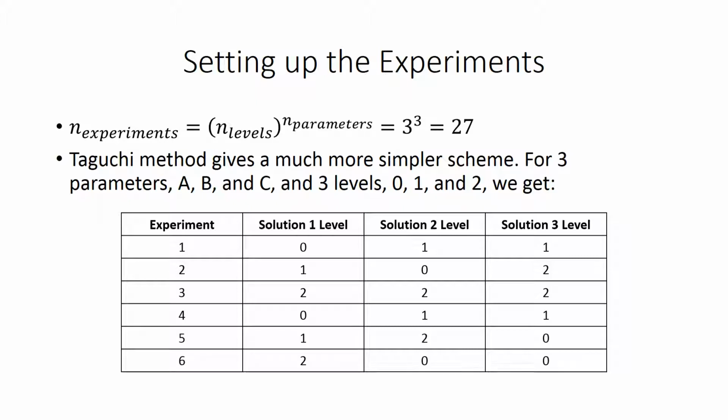And the Taguchi method gives us how much of each of the 3 solutions we should be using to conduct the experiment. So for experiment number 1, we would use solution 1 at level 0, solution 2 at level 1, and solution 3 at level 1. And then we would repeat that for all 6 experiments.